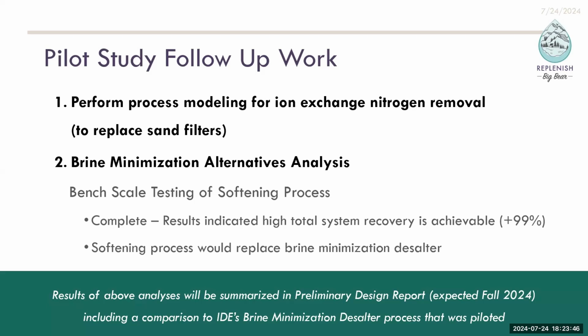So the softening adds lime and produces basically a sludge that you could divert to the existing belt press, which would actually improve the dewaterability of the sludge, get it to a higher percentage than what we do now with the existing belt press. And then that clarified water you get off the top would go to a secondary RO system that gets you that 99.2% recovery. Okay, thank you.